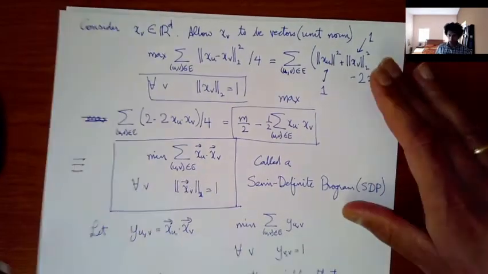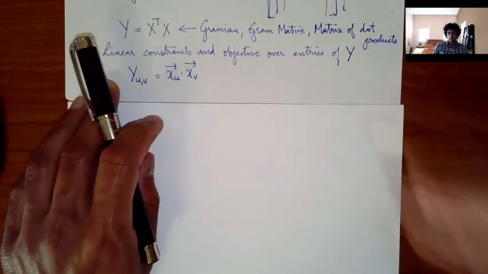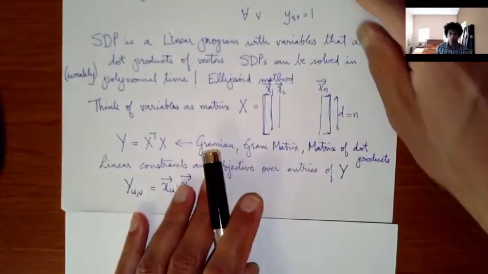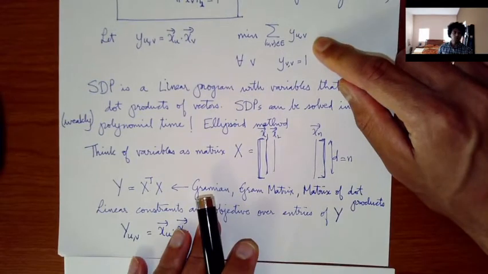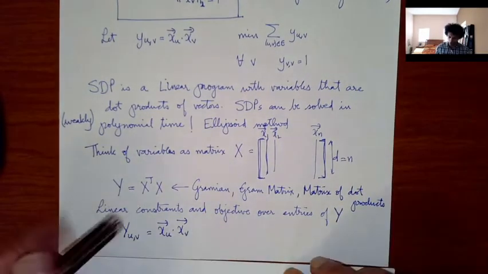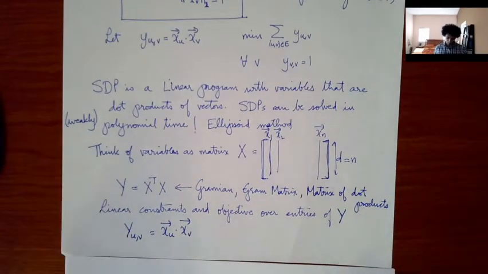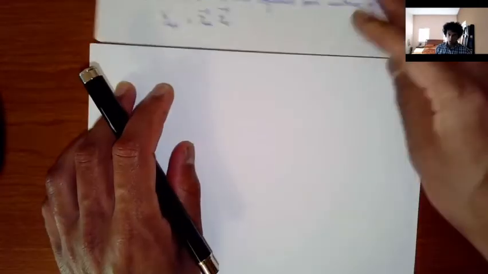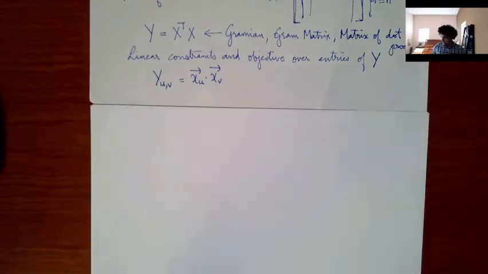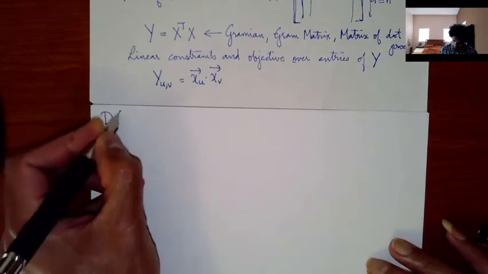Now, Y is a very special matrix. Note that if you didn't have any constraint, then this is just an LP. If you simply wrote this over here, that's just an LP. But you are constraining these variables to be related to each other through being dot products of some set of vectors. So Y has a very special property, and this is something that we also saw while doing the Cheeger inequality. I'm going to define something here.